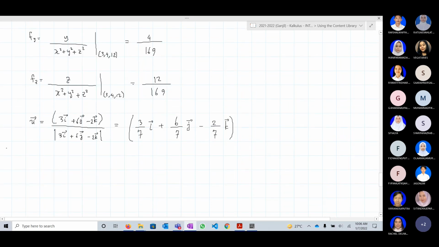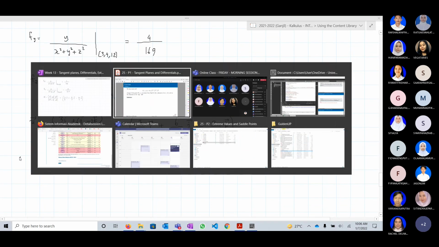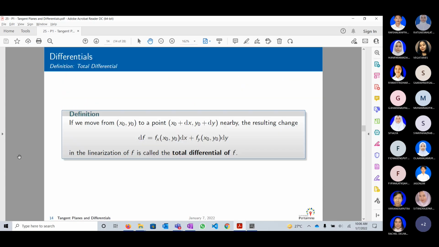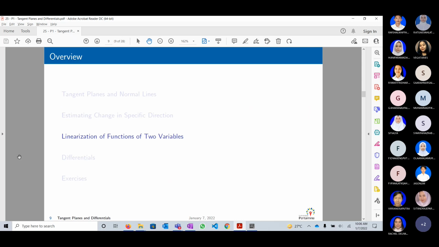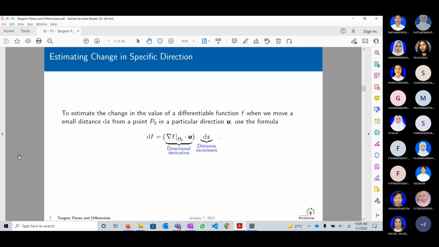So finally, we just need to follow the formula. This formula.